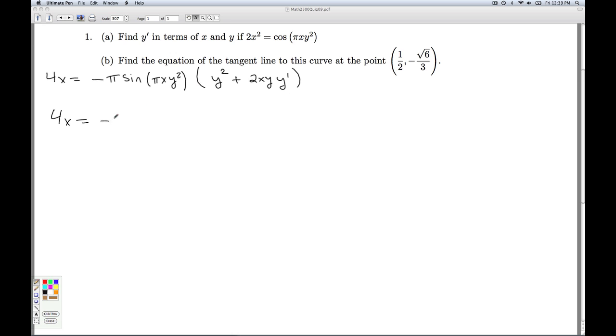So I'm going to have negative pi y squared sine of pi xy squared minus 2 pi xy y prime sine of pi xy squared. So we get everything with y prime on one side, everything else on the other. And so I can add the 2 pi xy y prime sine term and subtract off the 4x.